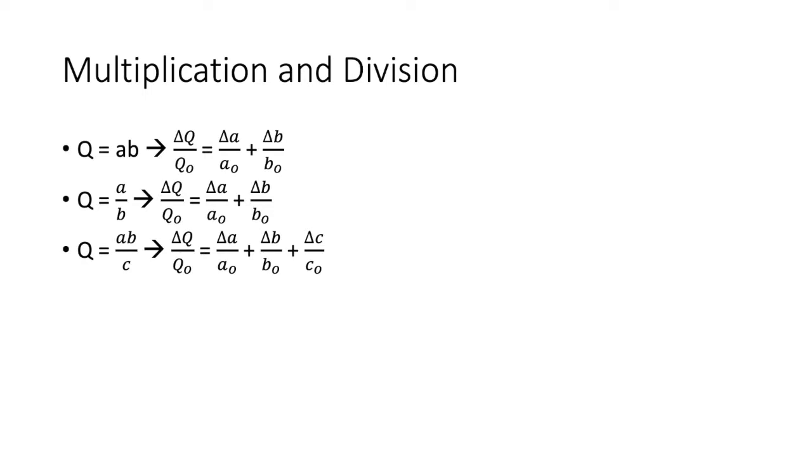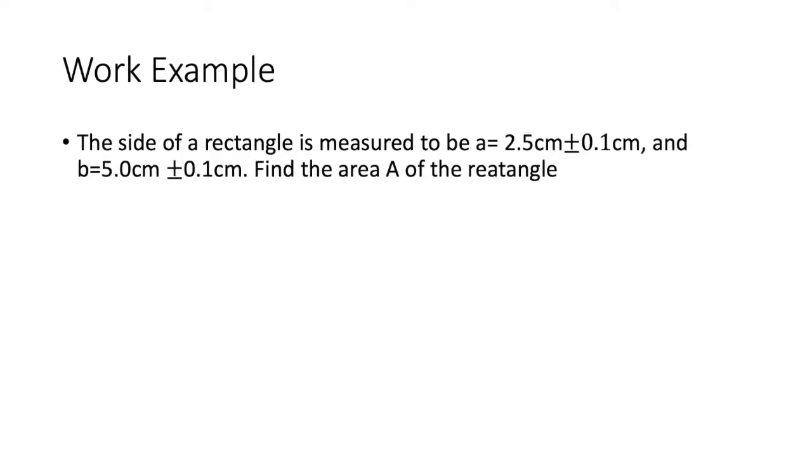I will just do some examples so you can really understand what all of those letters mean. The sides of a rectangle are measured to be A equal to 2.5 centimeters plus or minus 0.1 centimeters, and B equal to 5.0 centimeters plus or minus 0.1 centimeters. Find the area of the rectangle. Pause the video and try this problem first by yourself.